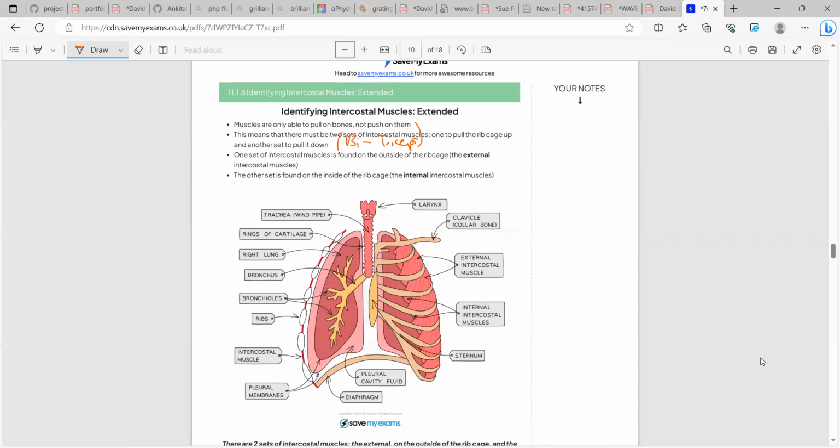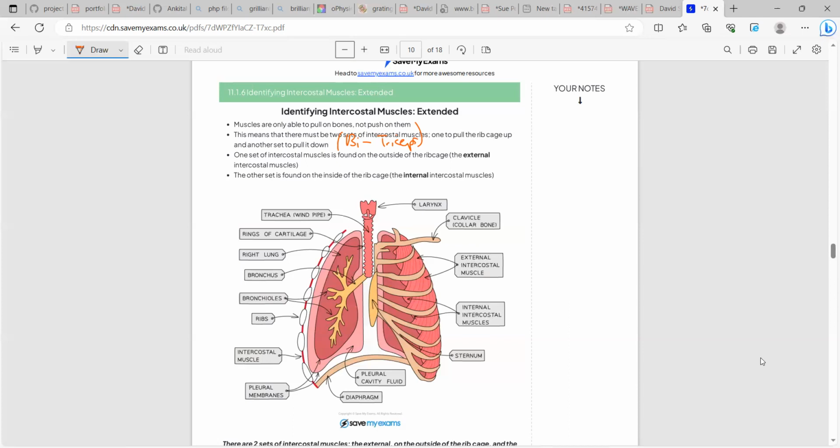So the same applies to our respiratory system. We have those intercostal muscles, and they are responsible for moving the rib cage, and they are also responsible for increasing the volume of the lungs so that air can easily move in and then reducing it so that air will move out.